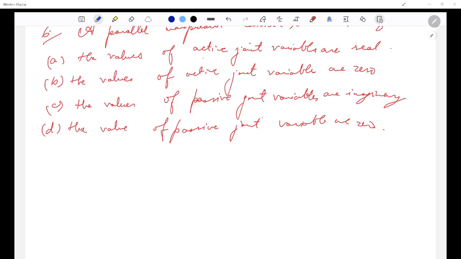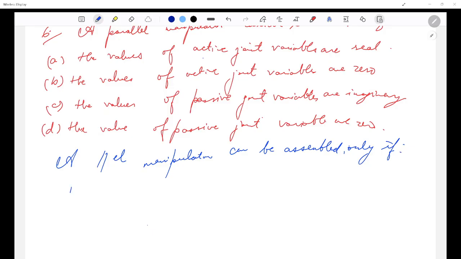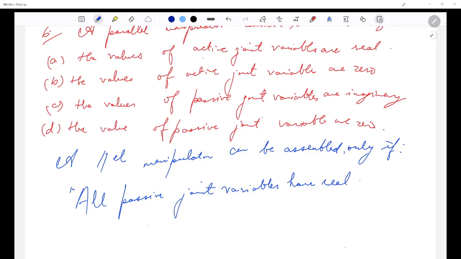A parallel manipulator can be assembled only if, very important, all passive joint variables have real solution.